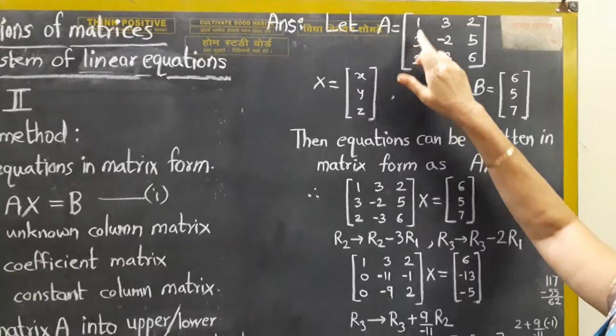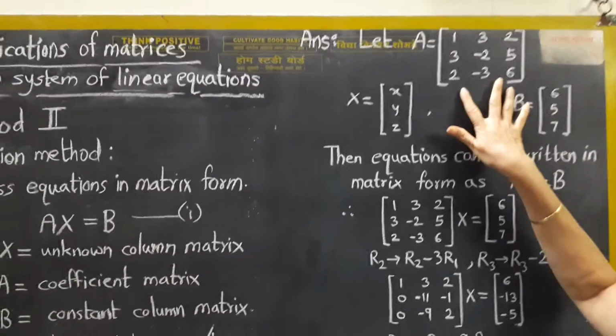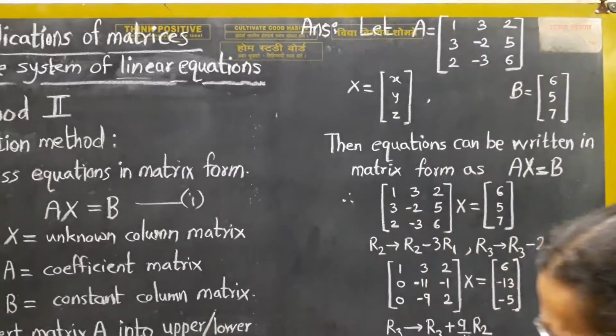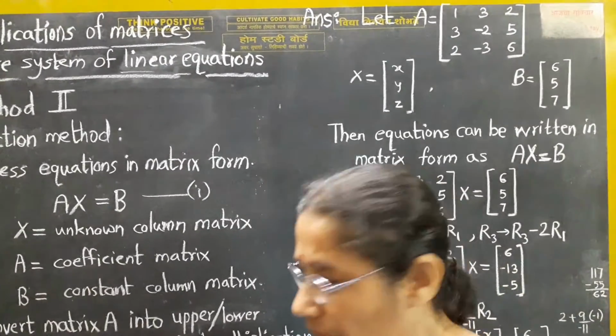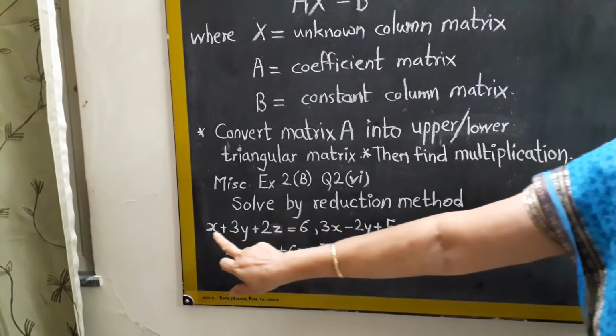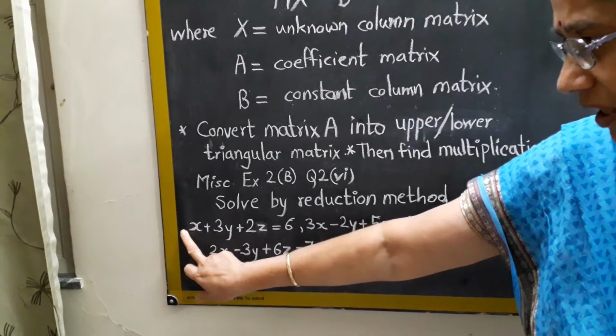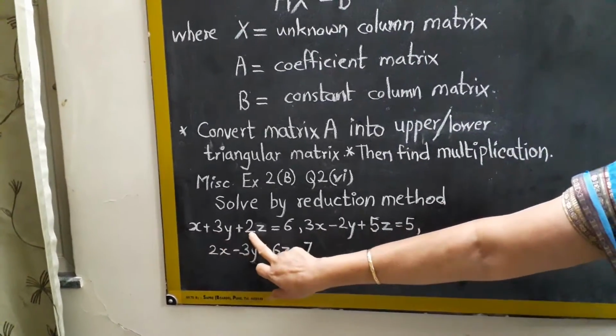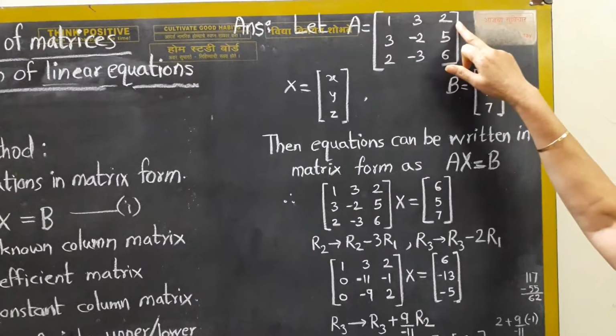We write the coefficient matrix, that is nothing but the coefficients. The first equation gives me the coefficients 1, 3, 2, so we write in the first row 1, 3, 2.